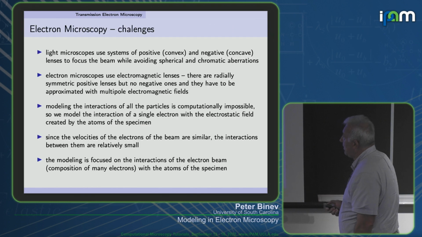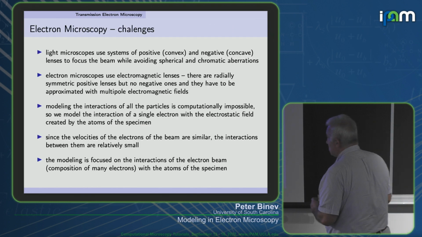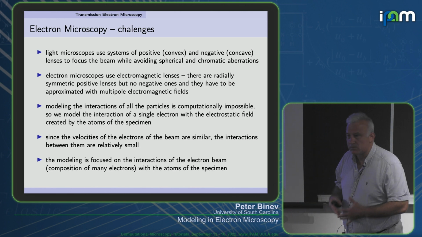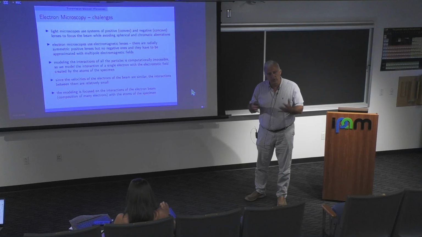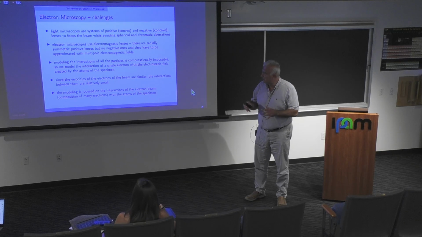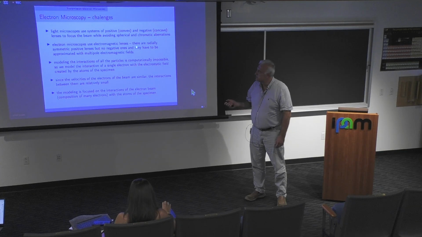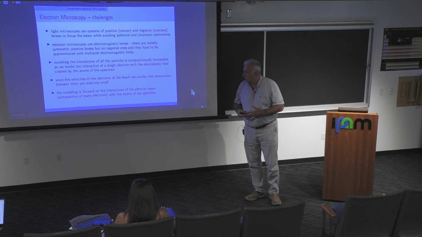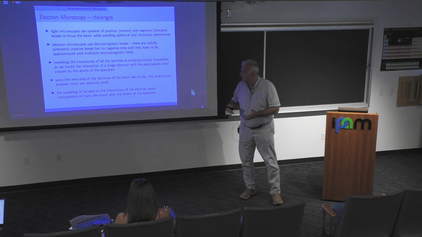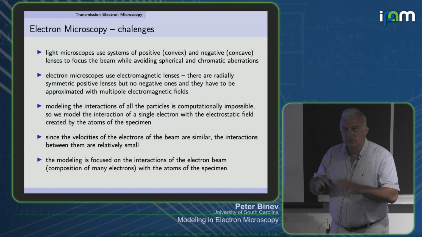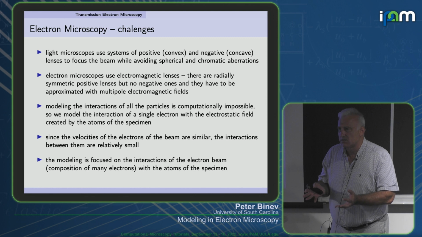So what are the challenges? First, light microscopes are very easy. They have positive and negative lenses, and because of that they can concentrate the beam very well, and there is no aberration. However, electron microscopes use electromagnetic lenses, and if they are radially symmetric, that means they could be only positive lenses.